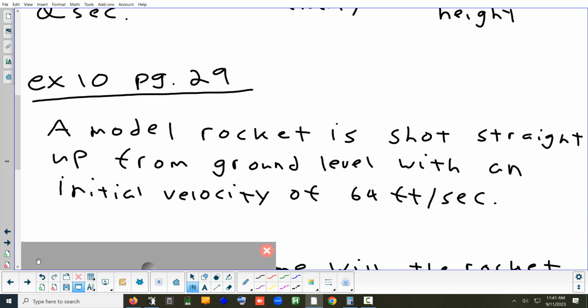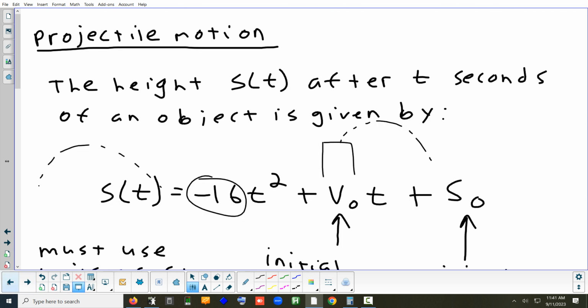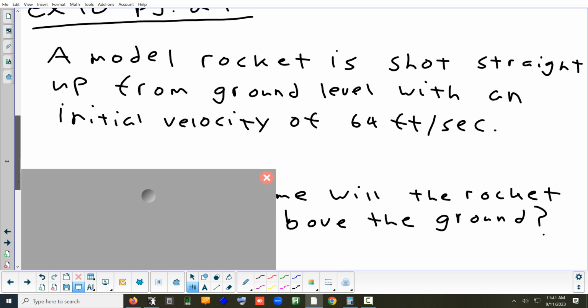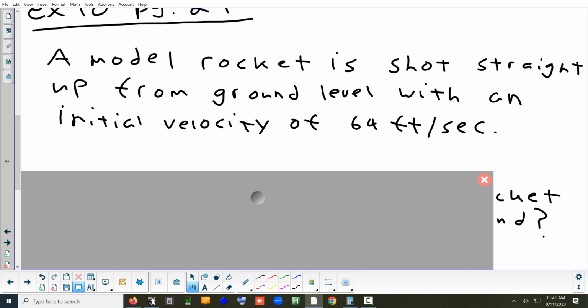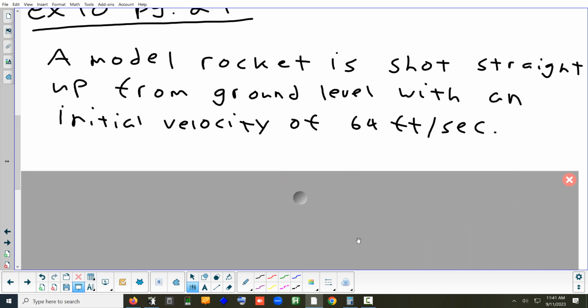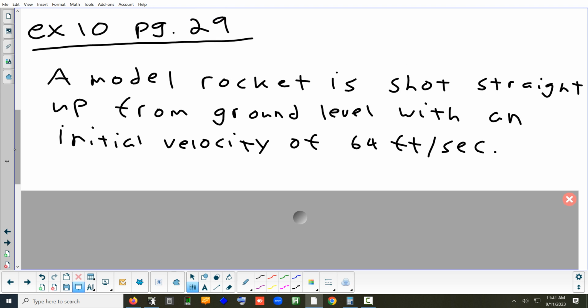Okay. So this one says that we've got a rocket being shot from ground level. And the initial speed of the rocket when it leaves whatever launched it is 64 feet per second.